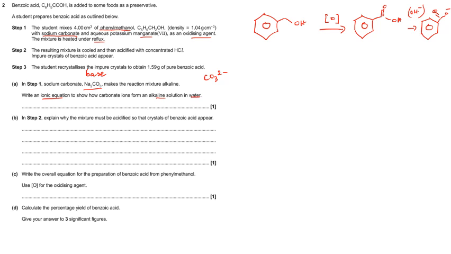So we're going to react these carbonate ions with water. I've not got much space here, so I would write it on the right hand side here. Our carbonate ions can react with water, and carbonate being a base is going to rip a hydrogen off one of these water molecules and become a hydrogen carbonate ion.